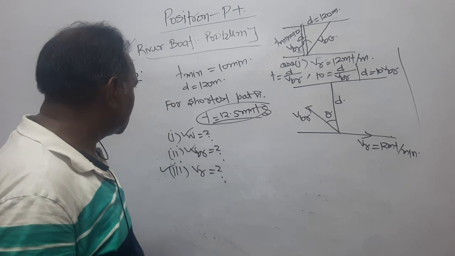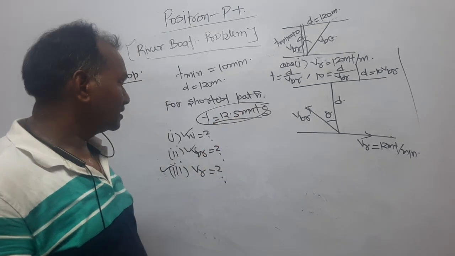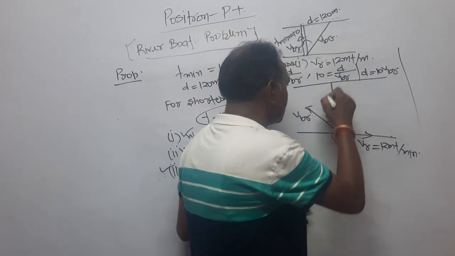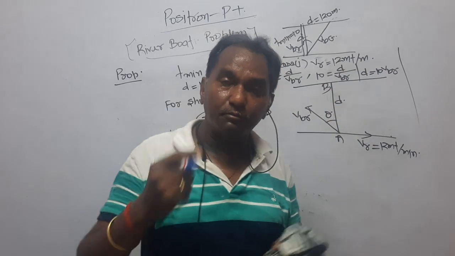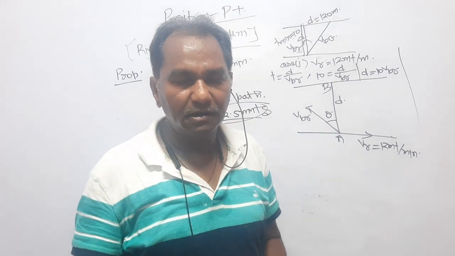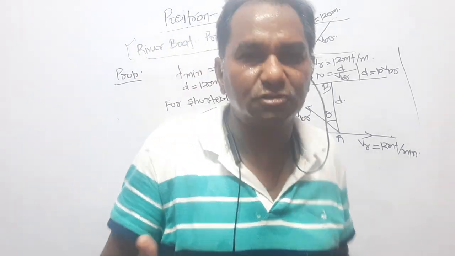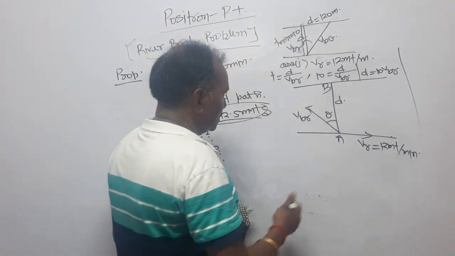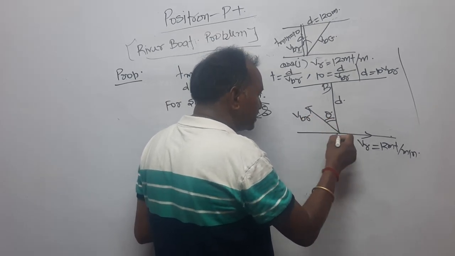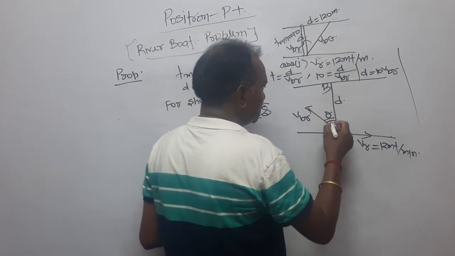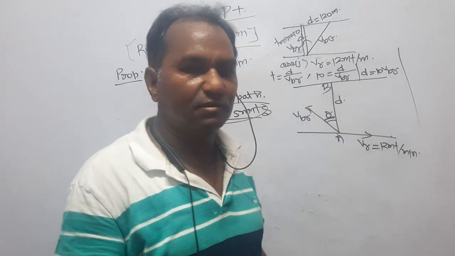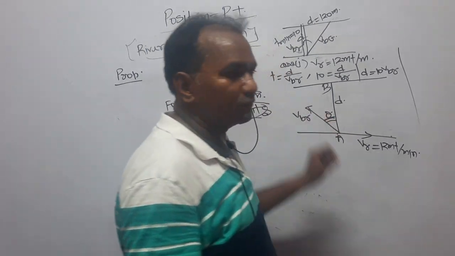Now look here. For the shortest path, it has to travel from A to B. The boat has to reach point B. Whatever condition you apply depends on the swimmer, the sailor, right? Let the boatman begin to sail with respect to the river at an angle theta from the vertical.